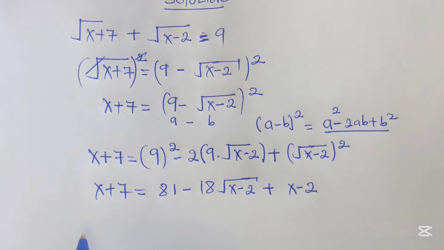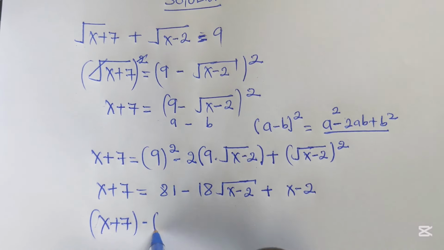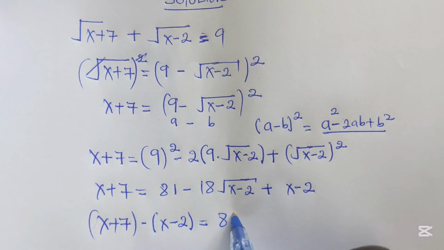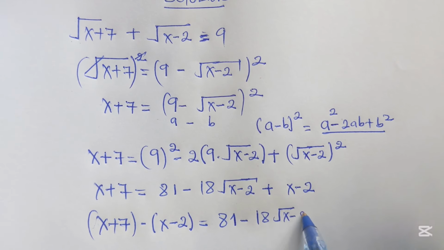Okay, then here x plus 7 minus x minus 2 equals 81 minus 18 square root of x minus 2.